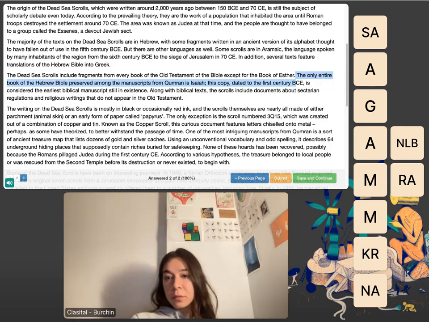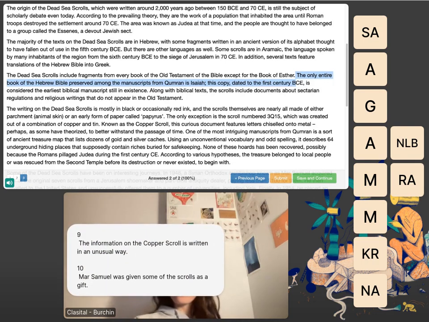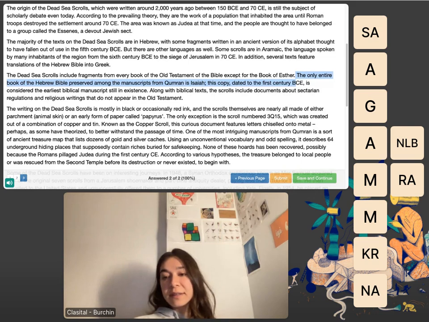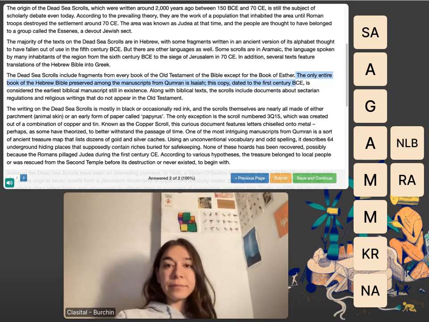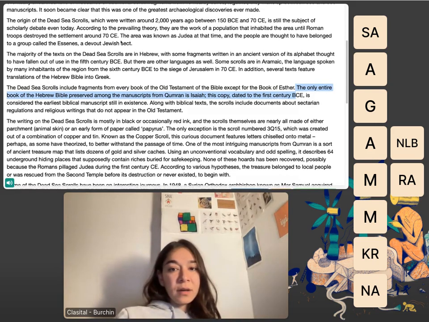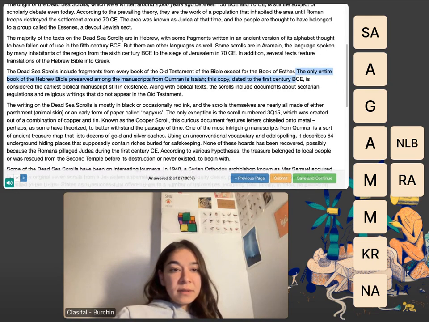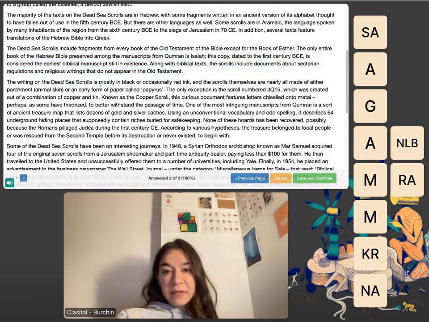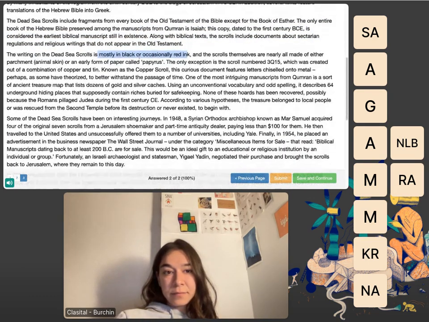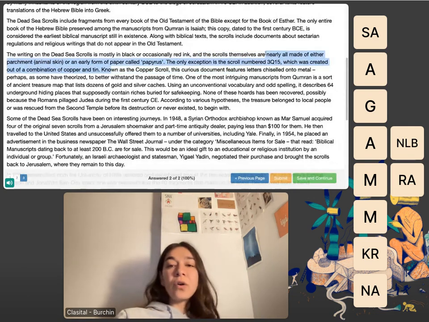The information on the copper scroll is written in an unusual way. Nice, we have a keyword here. The writing on the Dead Sea Scroll is mostly in black and occasionally in red inks. The only exception scroll was created, known as the Copper Scroll.